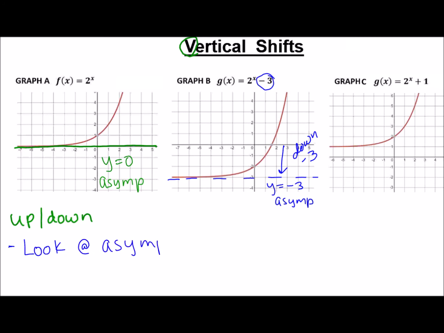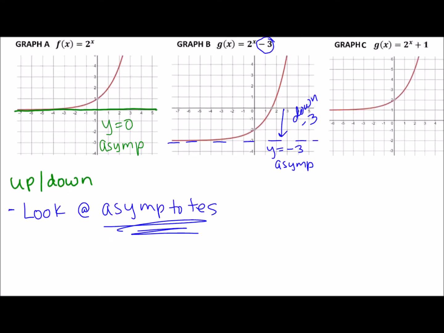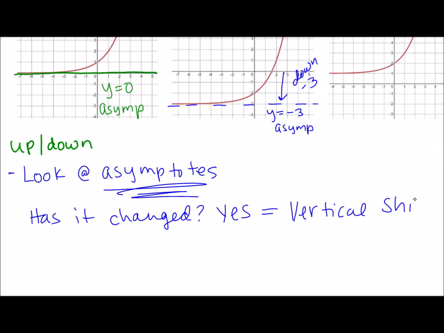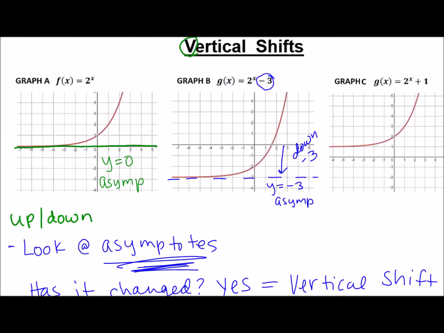This is the easiest way to identify your vertical shifts. Has it changed? Yes, that means there was some kind of vertical shift. Graph-wise, literally looking at those asymptotes, the only thing that will make them move is some kind of vertical shift up or down.